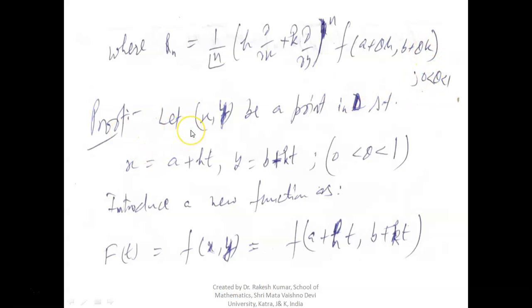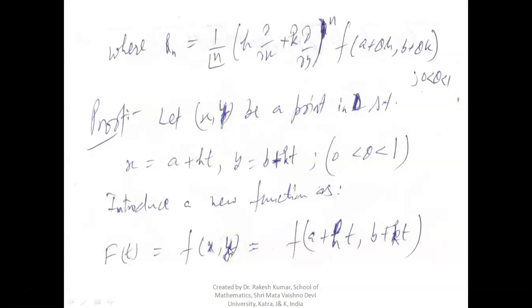So the proof of this expansion is: let (x,y) be a point in the domain D such that x is equal to a+ht and y equal to b+kt. Okay, so introduce a new function, capital F(t), equal to f(x,y).